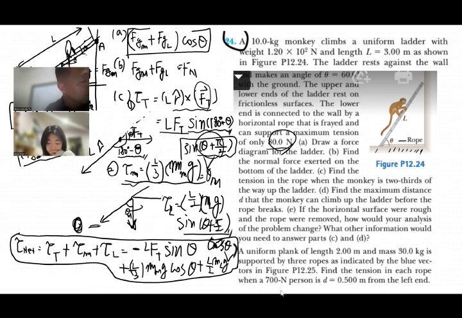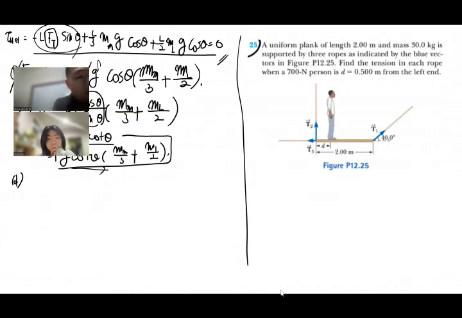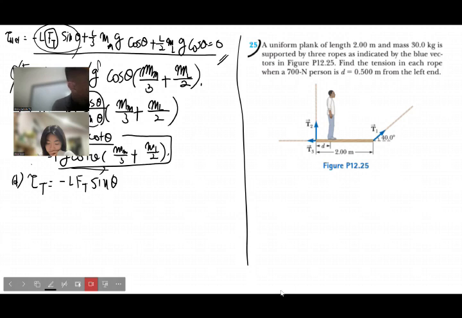In that case, the total torque from the rope is, as I said, minus L Ft sine theta.